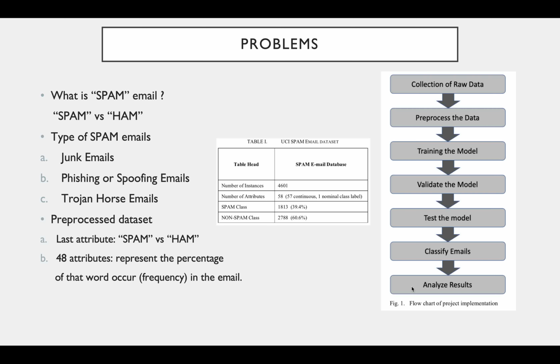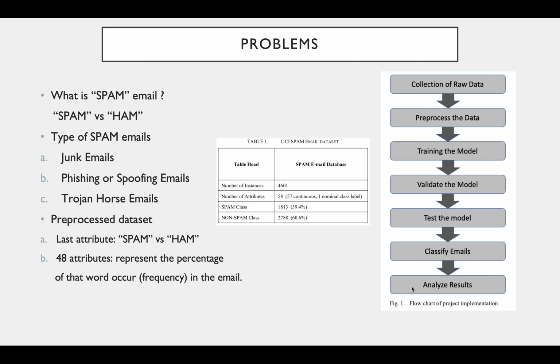The last attribute in each tuple is used to determine whether this email is spam or ham, and the other attributes represent the percentage of word occurrence frequency in the email.